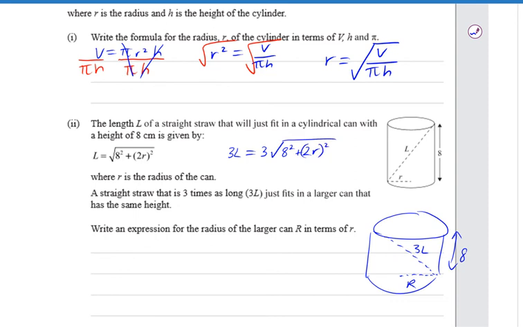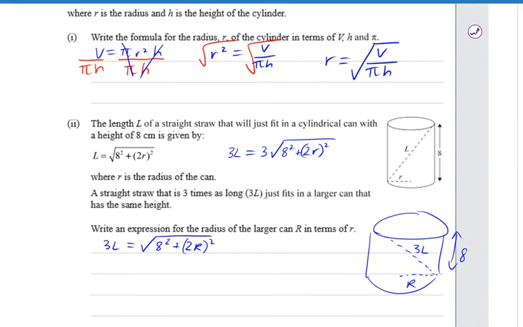So that's one way of thinking of 3L. And another way of thinking of 3L is it's also going to be the square root of 8 squared plus 2 capital R all squared.